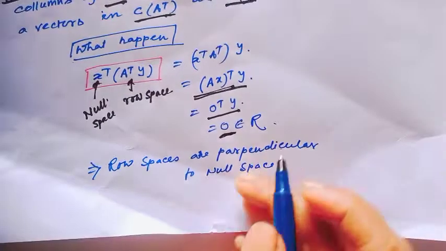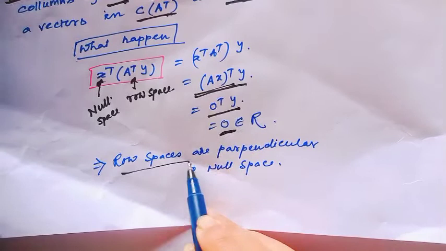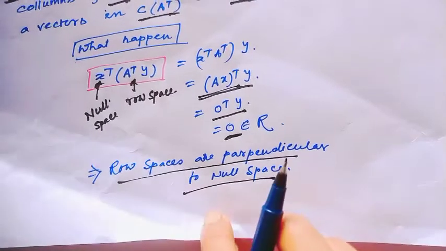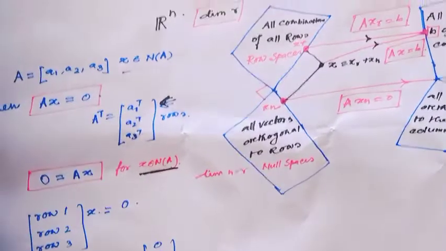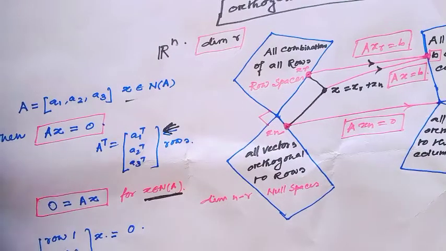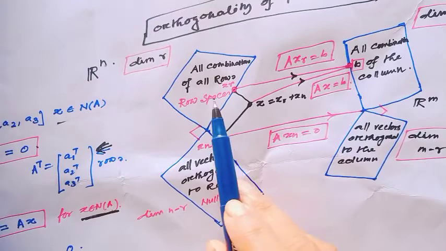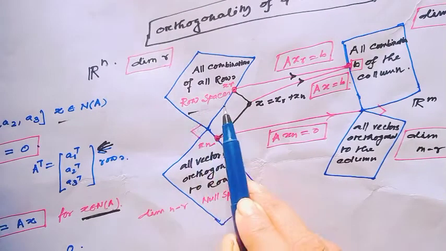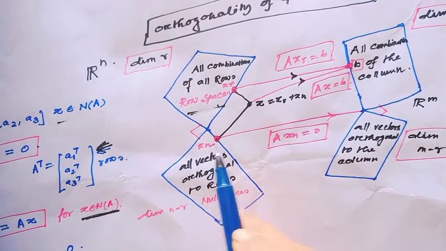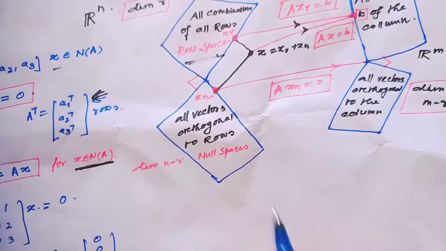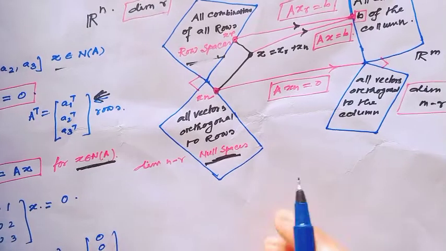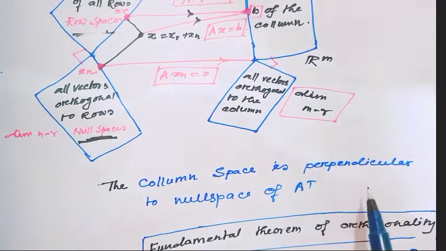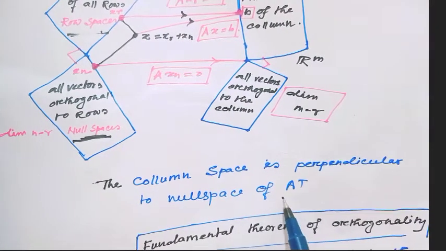That means the row space is perpendicular to the null space. Are you getting the idea? All combinations of rows, which is called the row space, are perpendicular to the null space. Similarly, the column space is perpendicular to the null space of A transpose. I had seen this in my earlier video.